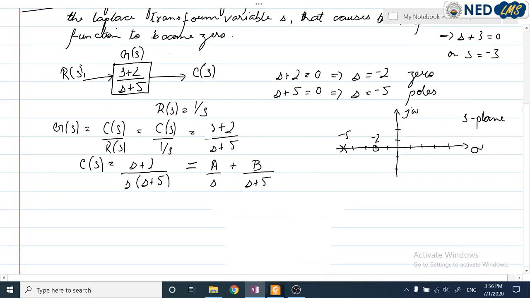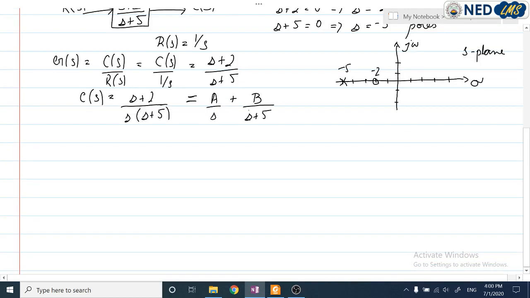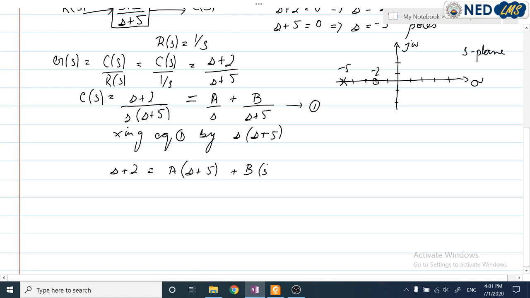Now to find out the values of these constants A and B, I am multiplying this equation 1 with this denominator term s plus 5. So here s plus 2 will be equal to A of s plus 5 and B of s.